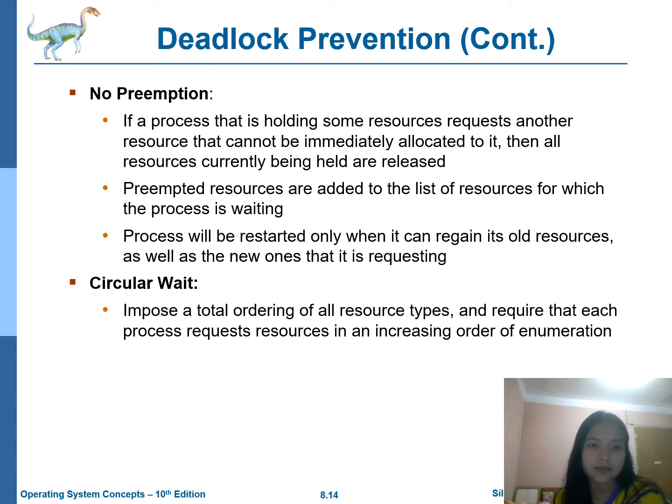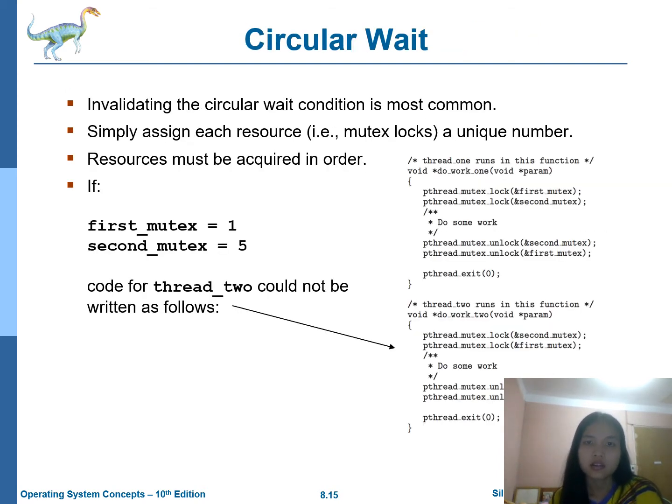Circular wait: impose a total ordering of all resource types, and require that each process requests resources in an increasing order of enumeration. Invalidating the circular wait condition is the most common approach.